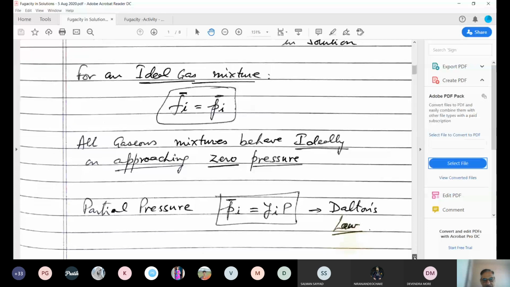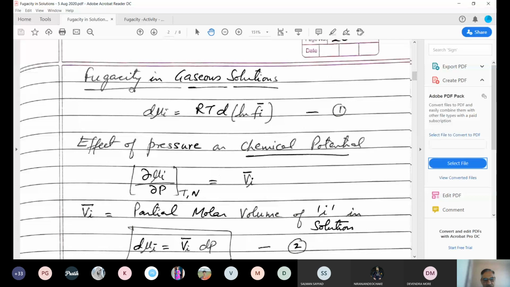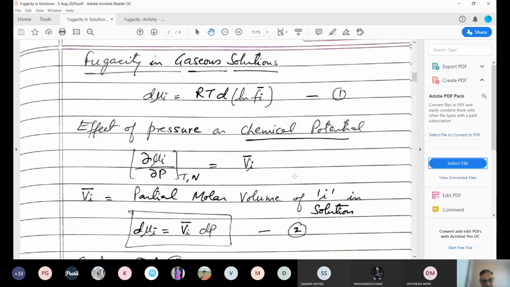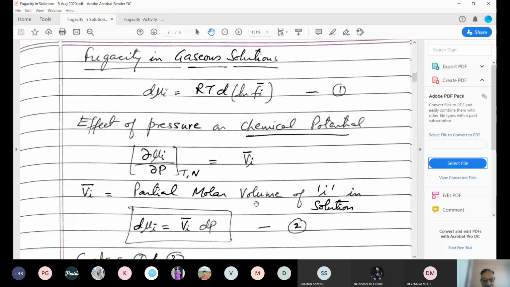So if we take, because it is in gaseous solutions, this equation, and we know that effect of pressure on chemical potential we have seen before. Partial of mu i over partial of P at constant temperature and composition is equal to V_i bar, where V_i bar is partial molar volume of i in solution. We have seen what is partial molar volume also, right?